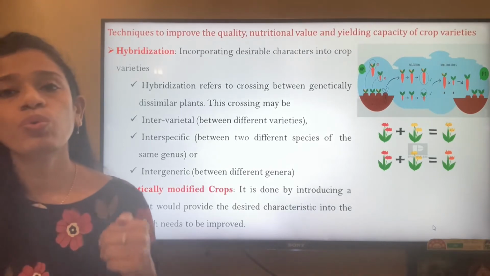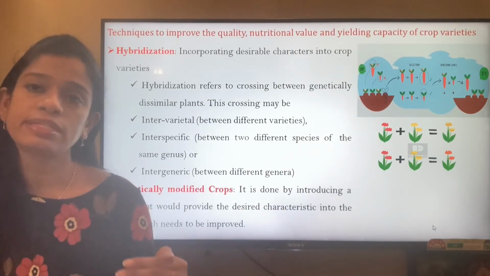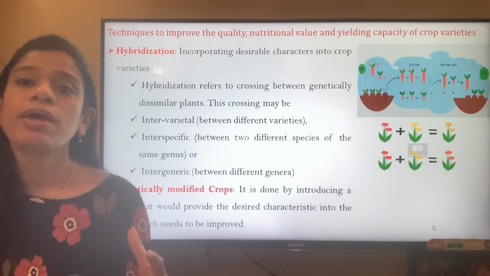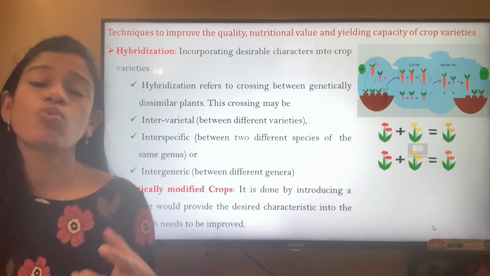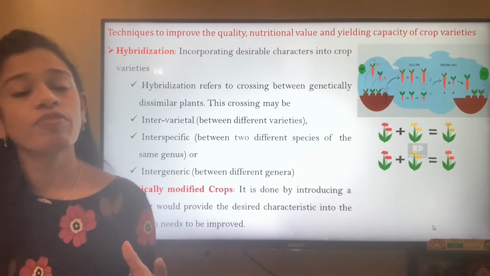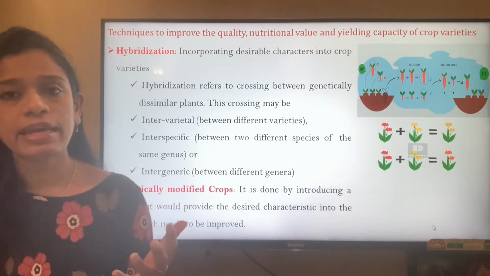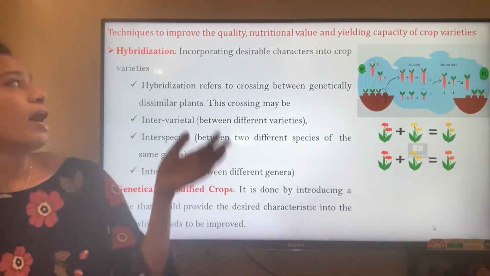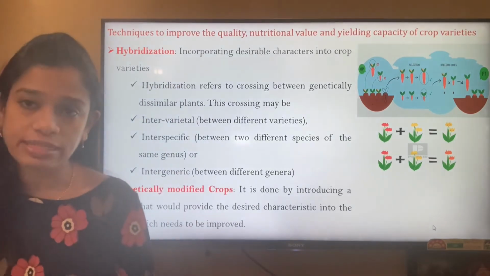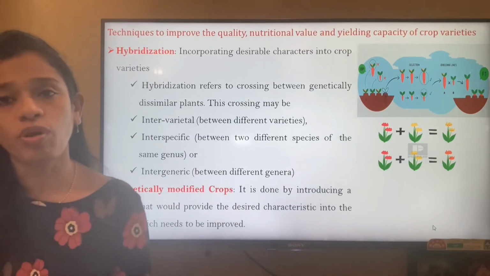Now, how can we bring about all this, that is, make a seed disease resistant, increase the quality of the produce, and increase the yield? This is all done through the process of, first, hybridization, and second, genetically modified crops.